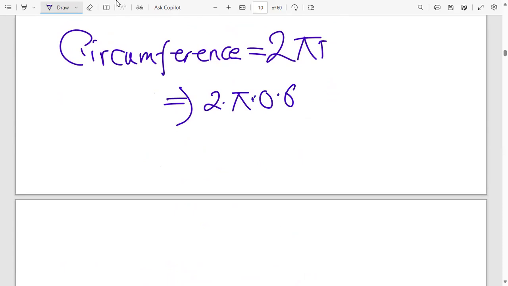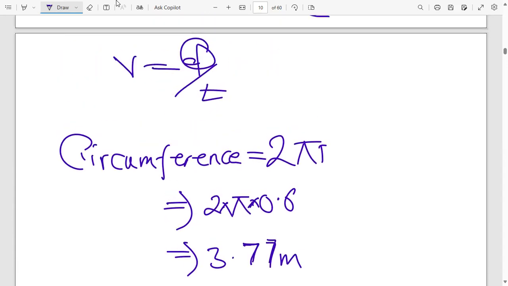I'm multiplying these here. This is going to give us a circumference of how much? Okay, so I'm getting circumference equal to 3.77 meters. I don't know if you found the same thing.